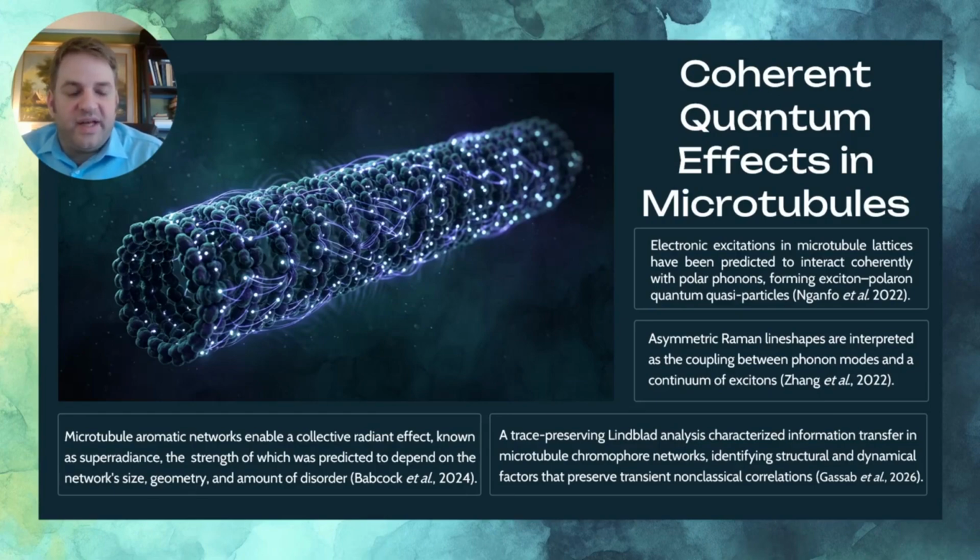And now, if it depends on the size, structure, geometry of the network, this again gives another potential mechanism of control linking the light field to the mechanics of the microtubule.